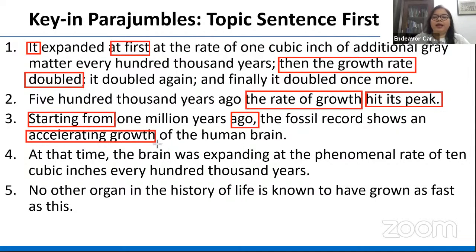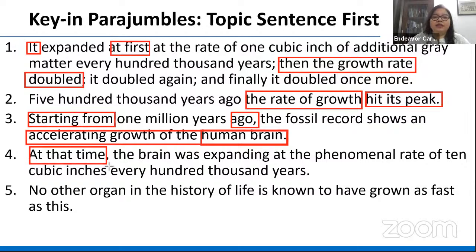So here I'm talking about the accelerating growth. It looks to me like the "it" in sentence one refers to the human brain, right? Because I'm talking of the accelerating growth of the human brain, and in the first sentence there seems to be some explanation of the accelerating growth at that time.